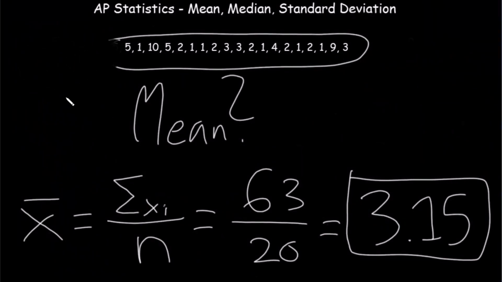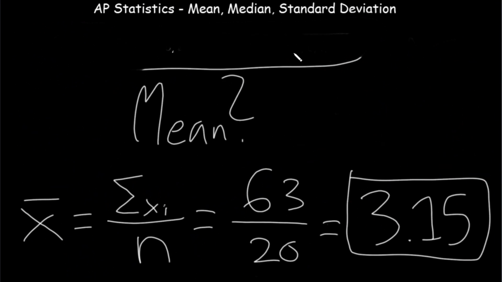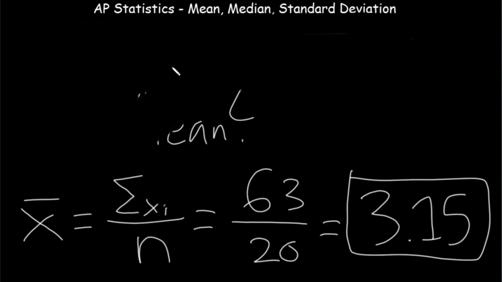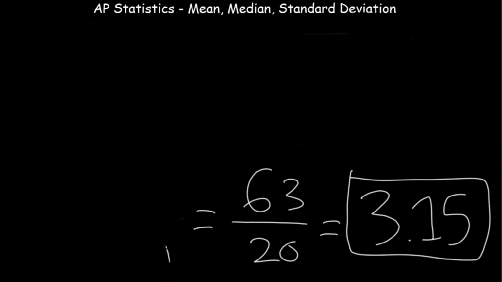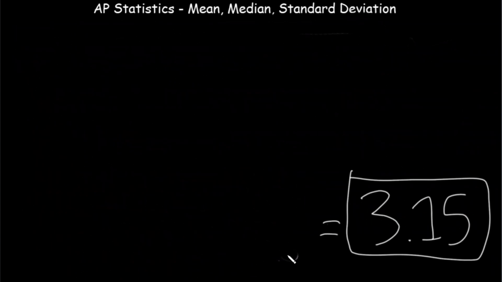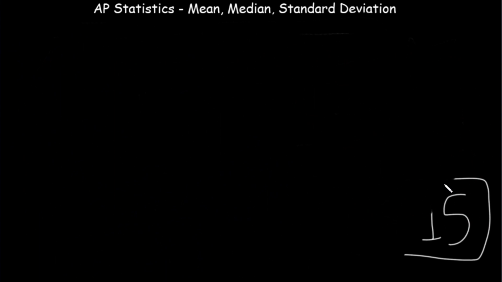Now let's talk about the median. And before we get into delving too much into the median, I want to show you guys the relationship between the mean and the median in certain situations.